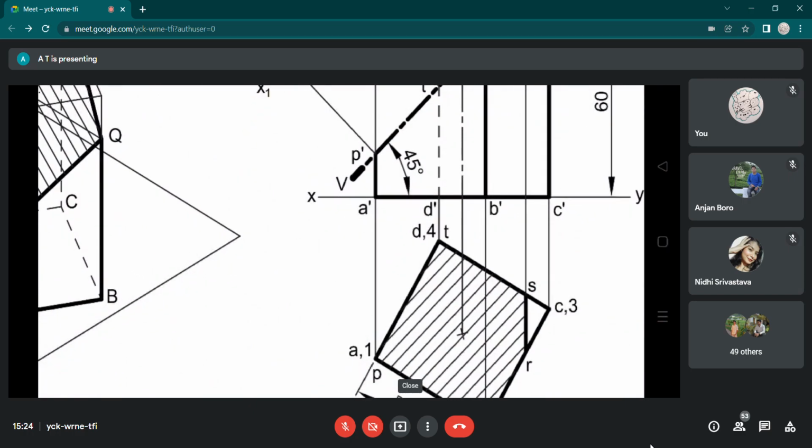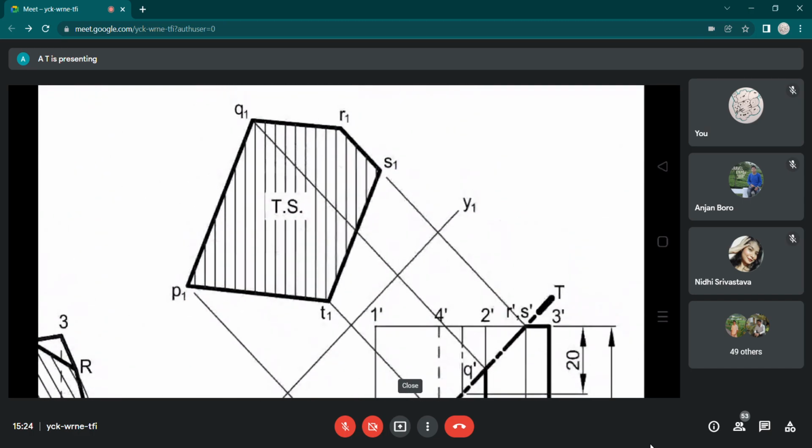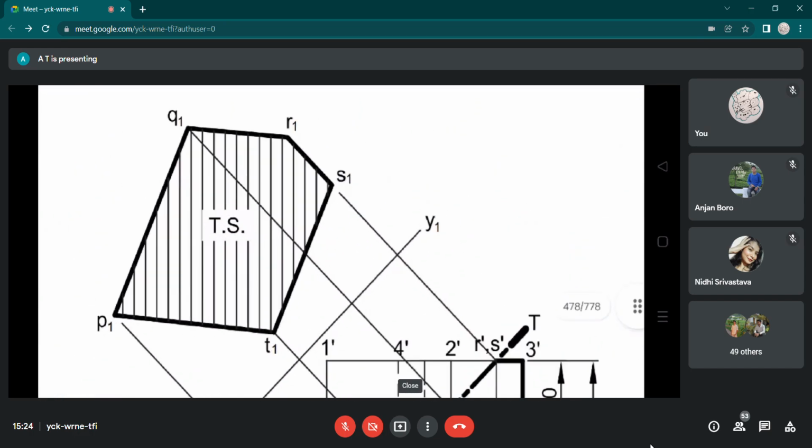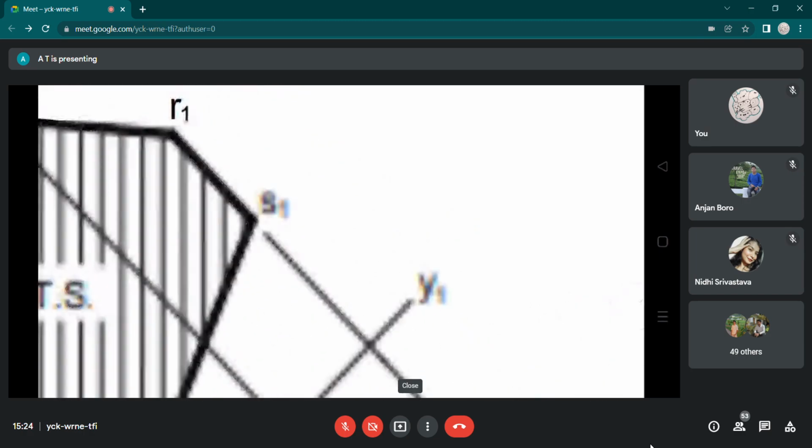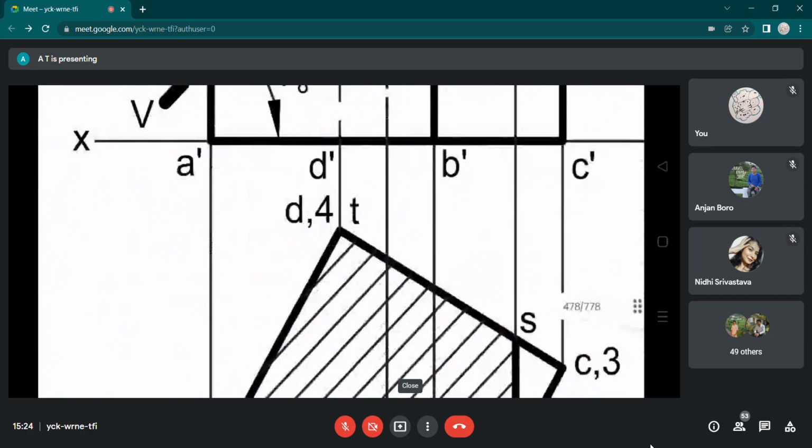Understood or not? Suppose S1. What is the distance of S1 from X1, Y1? It is the same distance.